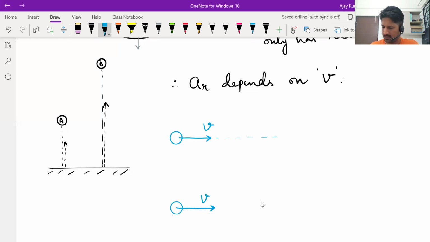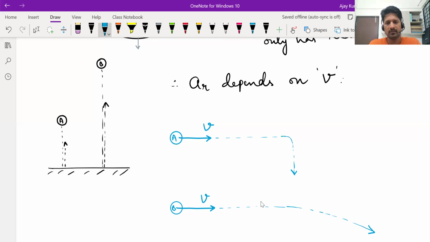Call them A and B. Object A has to deviate sharply and go this way, whereas object B only has to deviate a little and go this way. Tell me which is easier to bring about, or which of these requires less force from the external agent? From your everyday experience, you tell.